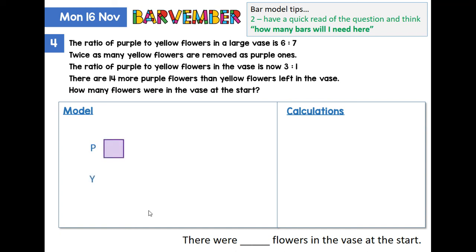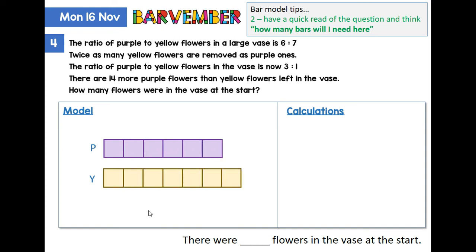And we've got a ratio, purple 6 and yellow 7. And with ratio questions, all of these parts must be equal. So I've got 6 equal parts and the 7 parts for yellow are the same size as the purple parts. So that's line 1 of our question done.